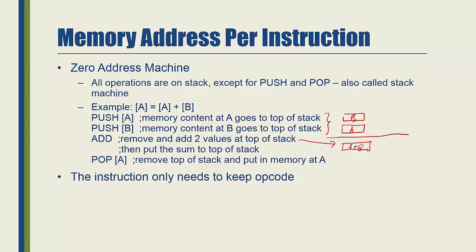There's no more A and B. And then pop, meaning there's no more value on the stack. So you can see here, our instruction now only needs to keep the opcode, either add or subtract or multiply. Only in the case of push or pop, we need to keep the address of the data.